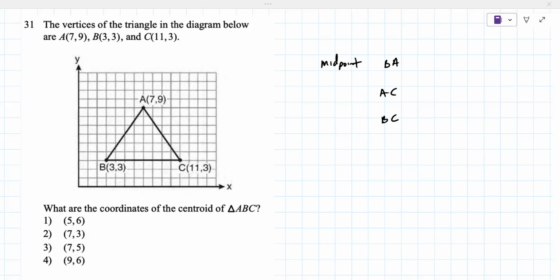I got 5,6 for the midpoint of BA. Okay, keep going, keep doing the rest.